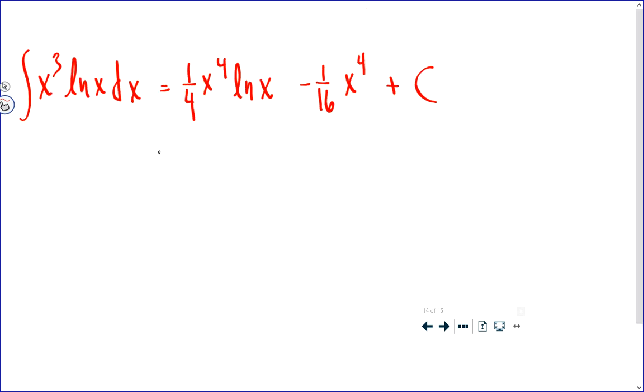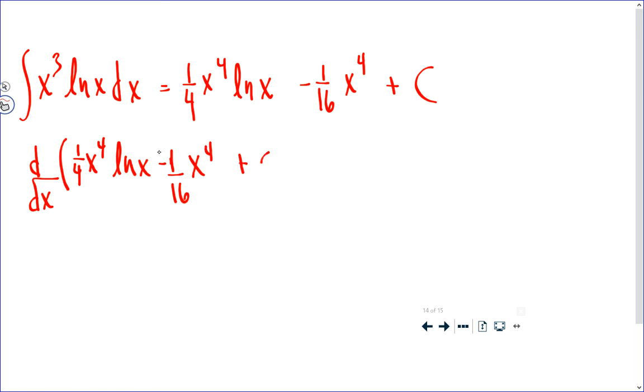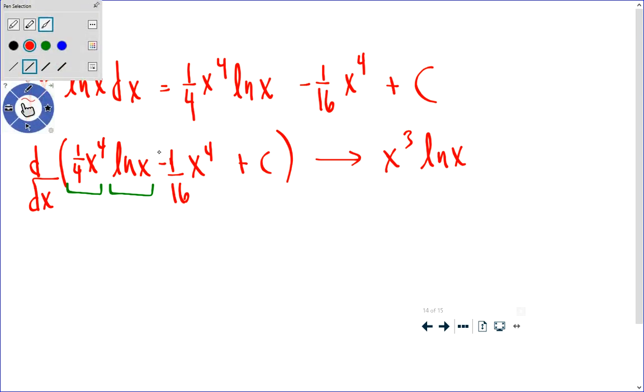If that's correct, then when we differentiate with respect to x, 1/4 x to the 4 ln x minus 1/16 x to the 4 plus our constant, we should get x cubed ln x. Again, if you're going to check these, and you don't have to, I'm just checking for completeness' sake, then it will always involve a product rule.